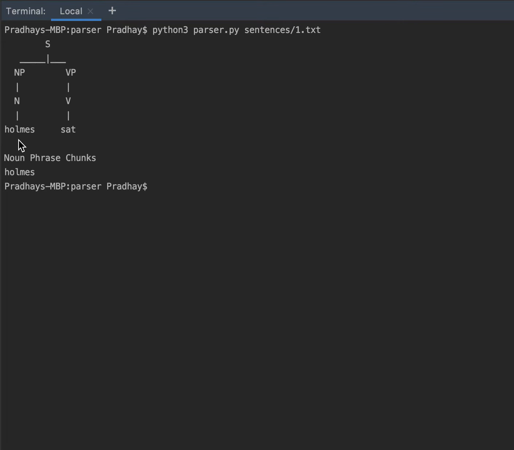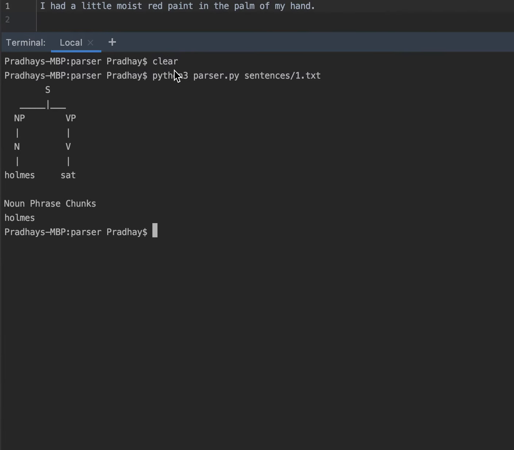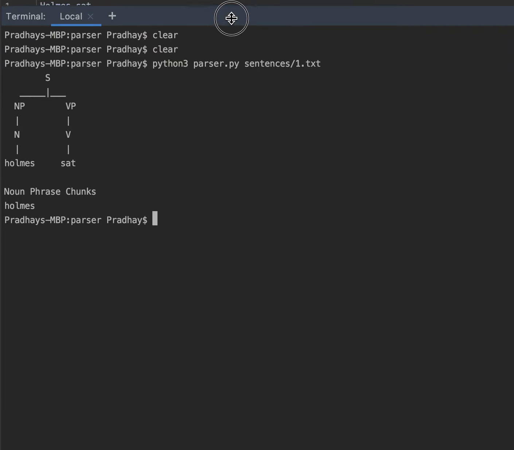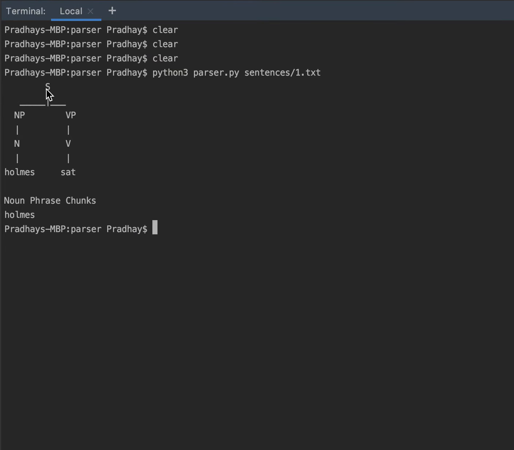Okay, here's a tree that we've generated from it. Our sentence is, of course, Holmes sat. From here we've got the sentence, a subtree forming the noun phrase and verb phrase, and from there we've got the noun Holmes, and from the verb phrase we've got the subtree V and then sat. So Holmes sat. And here's our noun phrase chunk, Holmes.